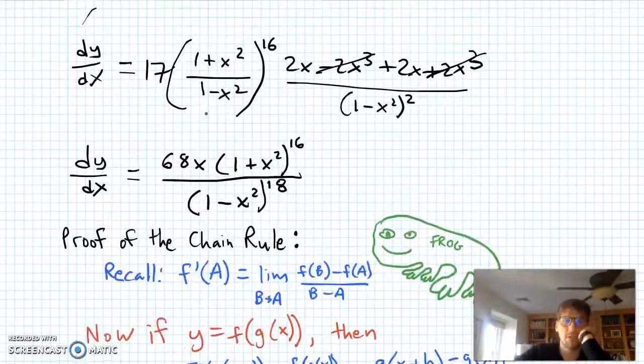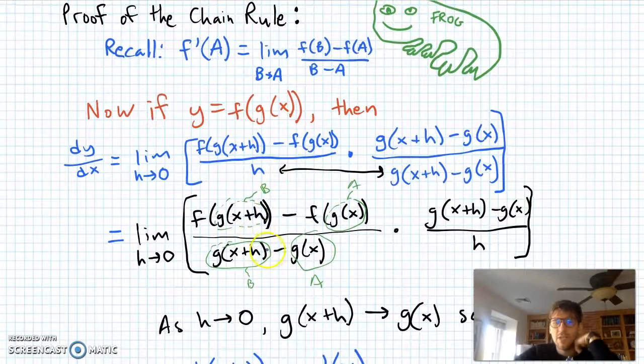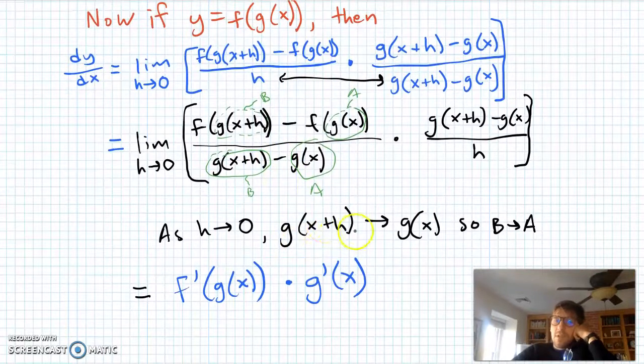So taking this alternative definition and thinking of it as one value approaching the other, and just taking this organizational step of multiplying by something over itself, it allows us to show by simple algebraic steps that we simply have the derivative of f in terms of the interior function times the derivative of the interior function.